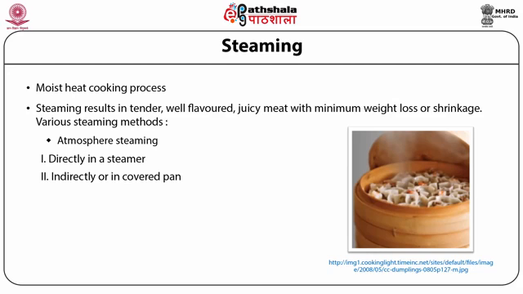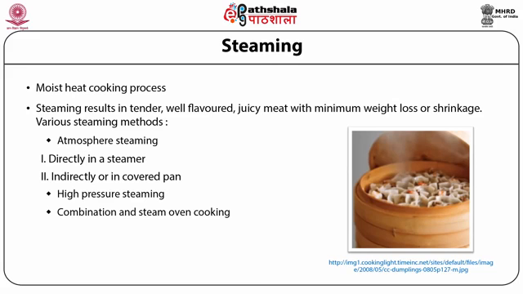Perforated trays or vessels can be used, but this method requires pans or containers with tight fitting lids to contain steam. High pressure steaming is used for ultra quick cooking, mainly used for vegetables and processed meat products.